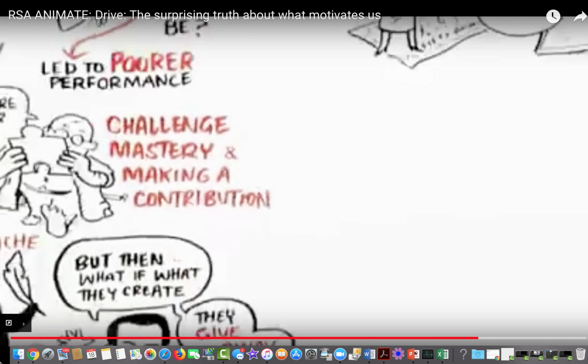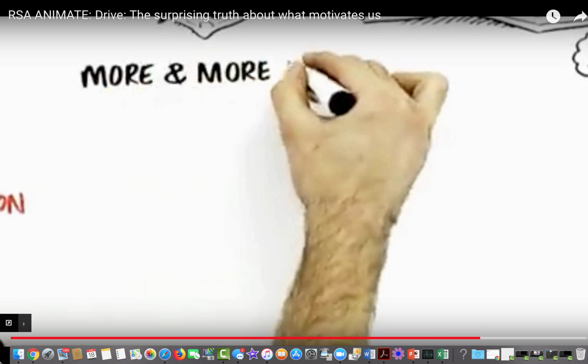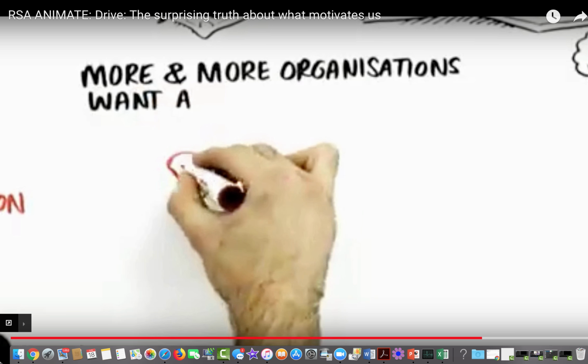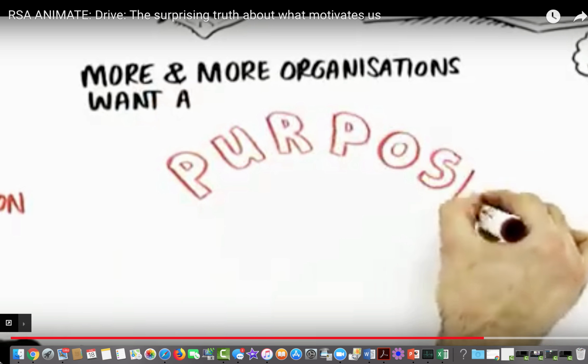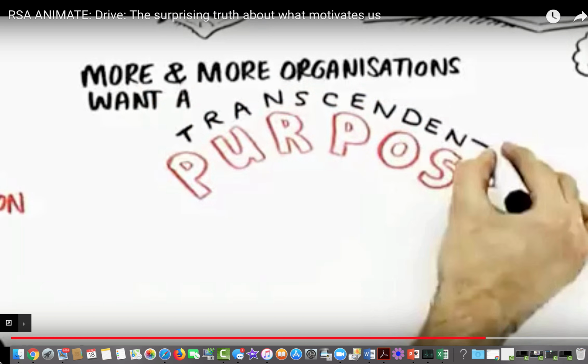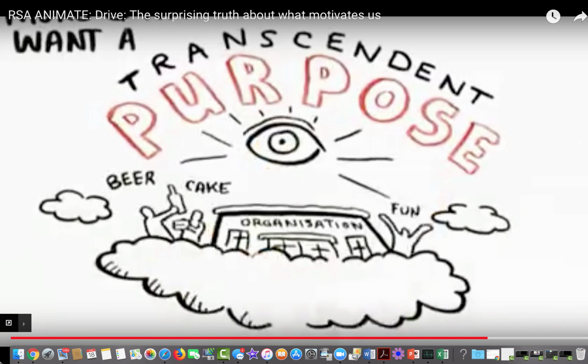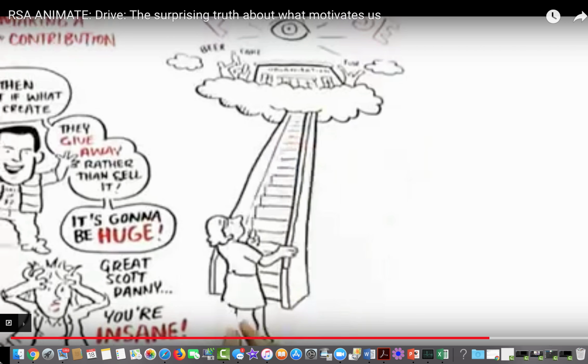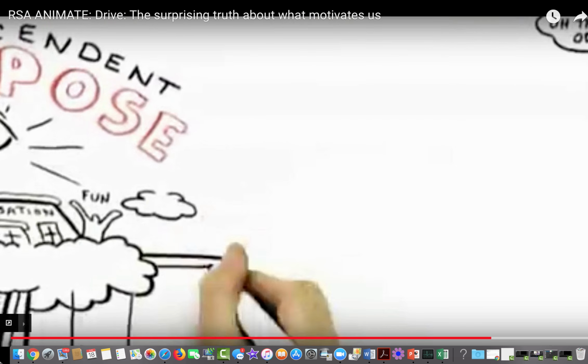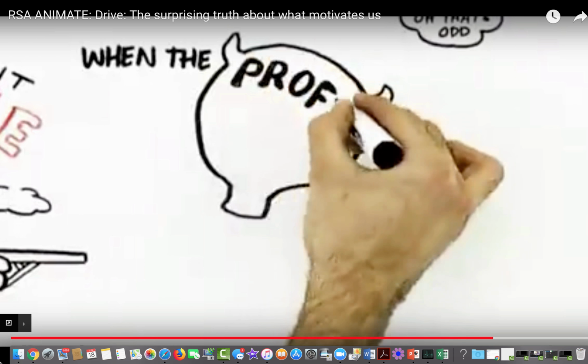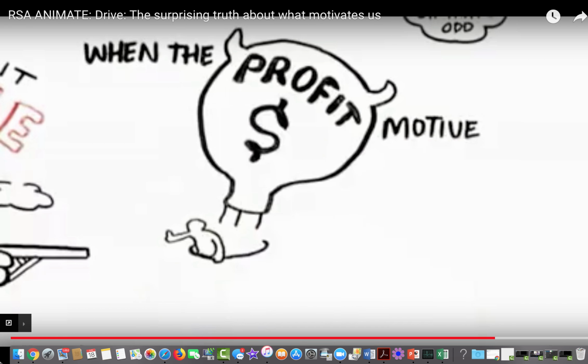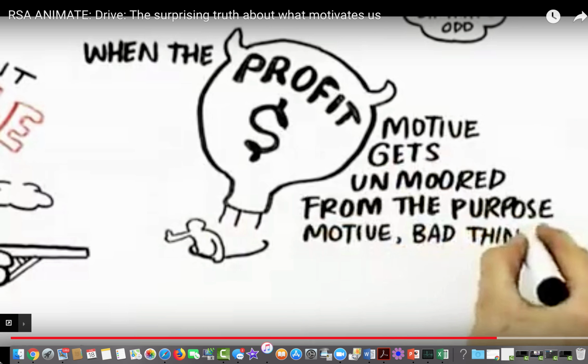That's it. What you see more and more is a rise of what you might call the purpose motive, is that more and more organizations want to have some kind of transcendent purpose, partly because it makes coming to work better, partly because that's the way to get better talent. And what we're seeing now is, in some ways, when the profit motive becomes unmoored from the purpose motive, bad things happen.